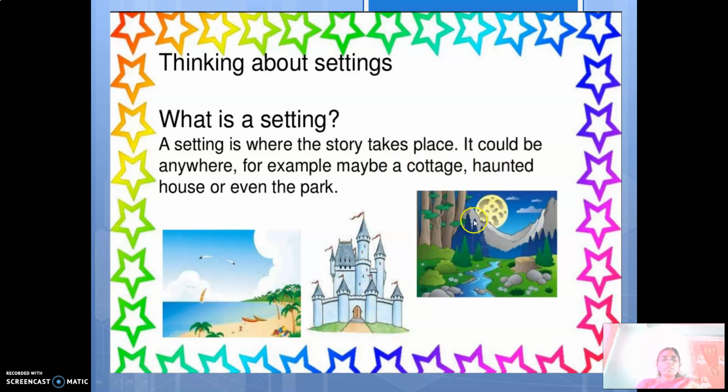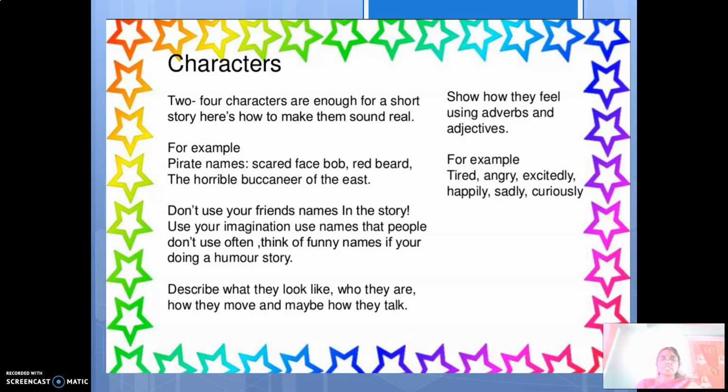Here I have given an example of settings. Can you see that? Palace, beach, a forest, all that. All these are called settings. A place where the story takes place is called setting.